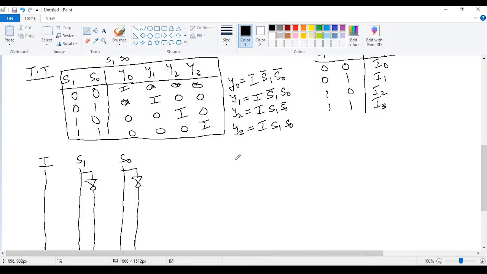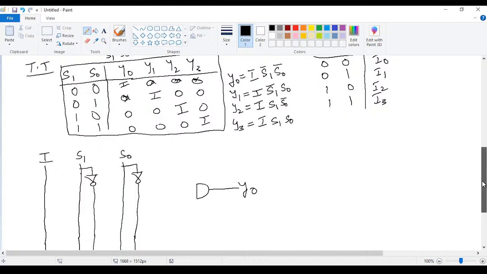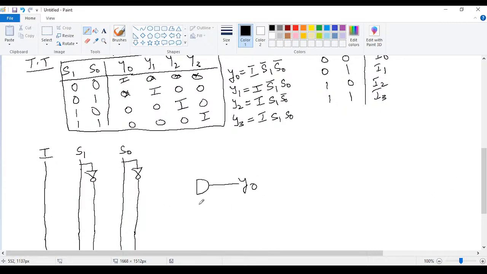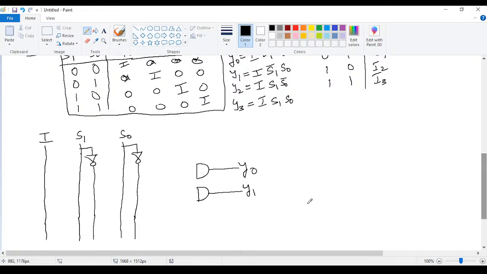Here y0 is the output. For y0 we are using one AND gate, and one AND gate is enough. We got one output. For the second output, y1, we are also using an AND gate, for the third output y2, and the fourth output y3.